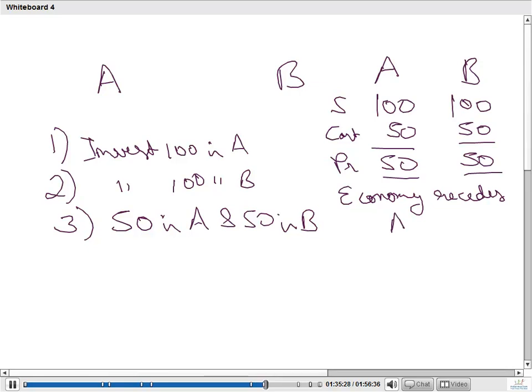So earnings of A fall and earnings of B also fall. Their costs remain as high. So A is making 80, 50 and 30 of profit, and even B starts making $80 of sales, $50 of costs, and $30 of profits.